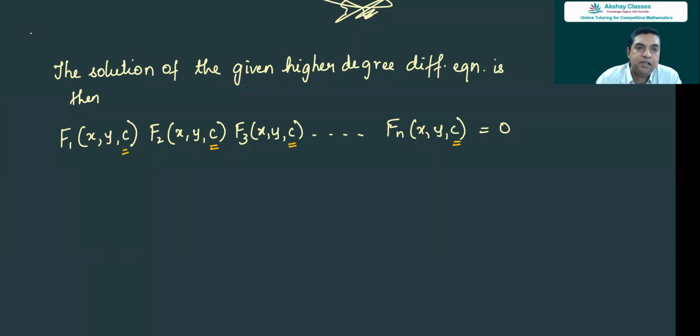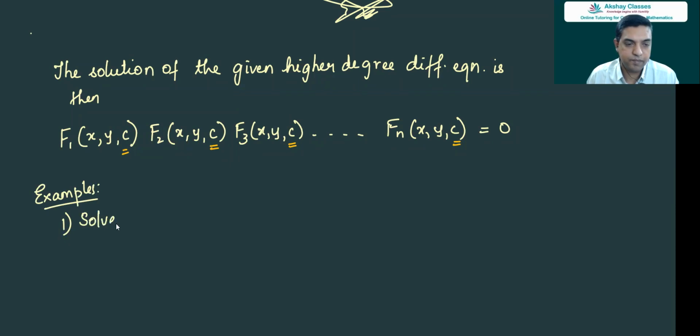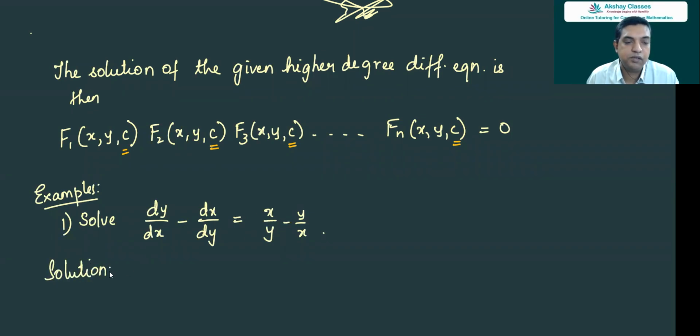Okay. So let us solve with an example. Solve dy by dx minus dx by dy is equal to x by y minus y upon x. So solution. Let dy by dx be equal to p.